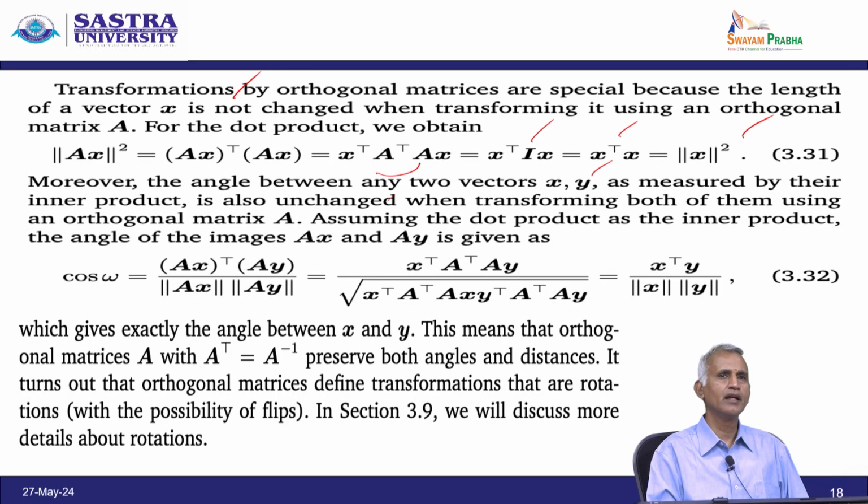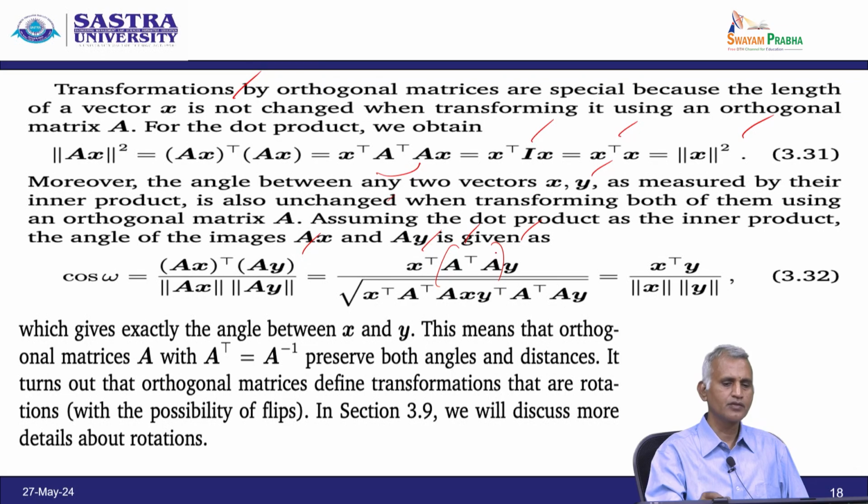So, the angle between Ax and Ay is given by cos omega equals (Ax) whole transpose times Ay divided by norm of Ax times norm of Ay, which equals x transpose A transpose times Ay, using the formula that (Ax) whole transpose is x transpose A transpose. Ay we keep as it is, then A transpose times A you multiply, and it becomes I.